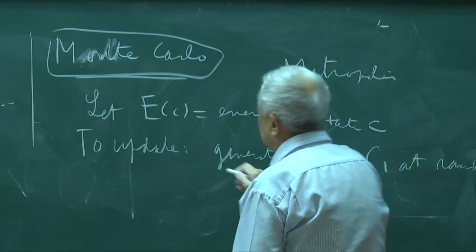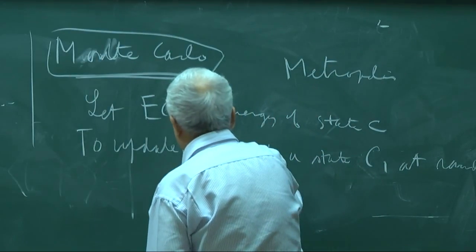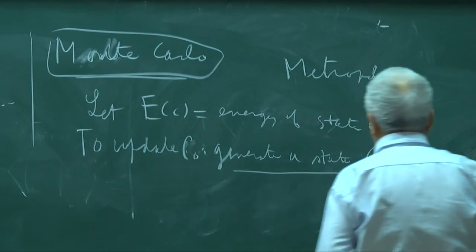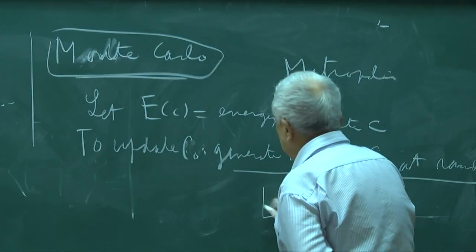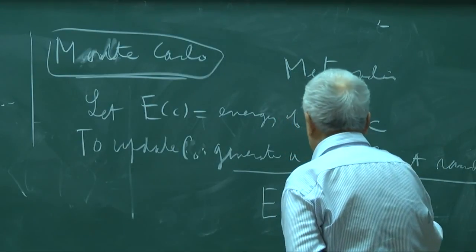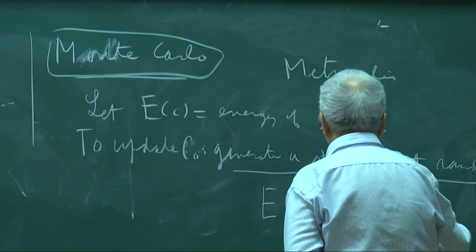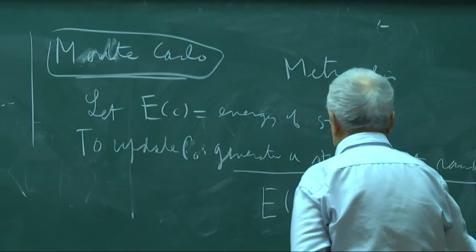Suppose you want to update C0. You first generate a state C1 at random. Then you compute the energy of C1 minus the energy of C0, delta E.